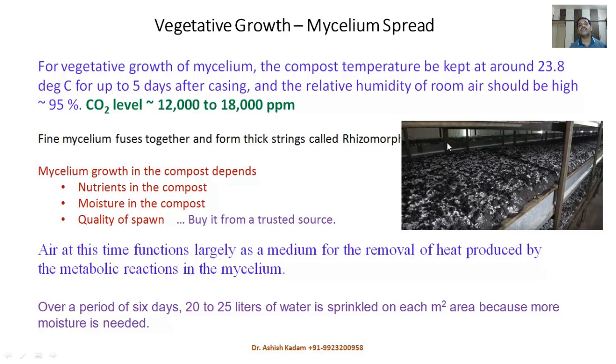The air handling unit is supplied with either chilled water or warm water, and we should also have a provision for the injection of steam in the air, or for spraying mist in the flow of air. Through that technology you can very properly control the compost temperature at 23.8 degrees centigrade.